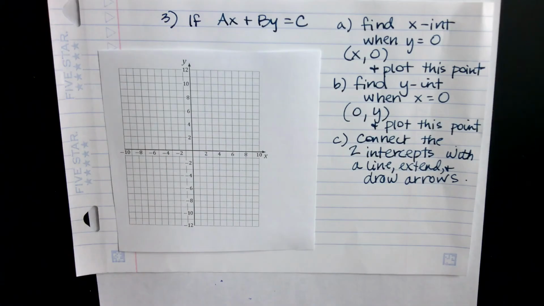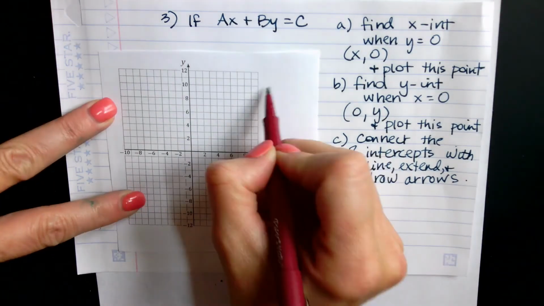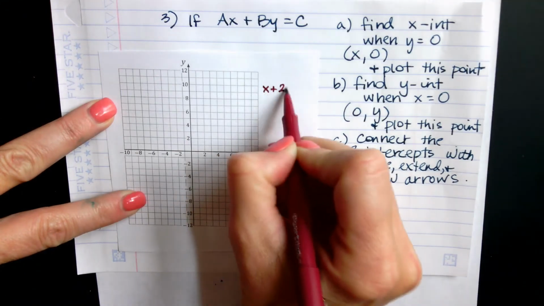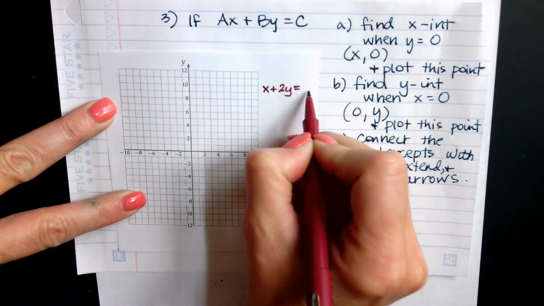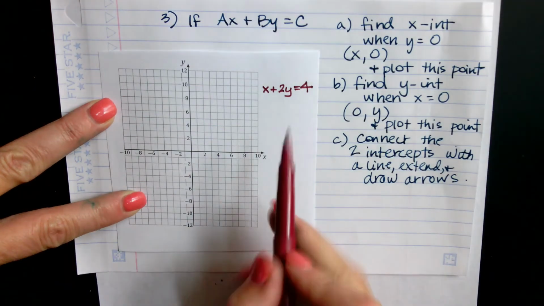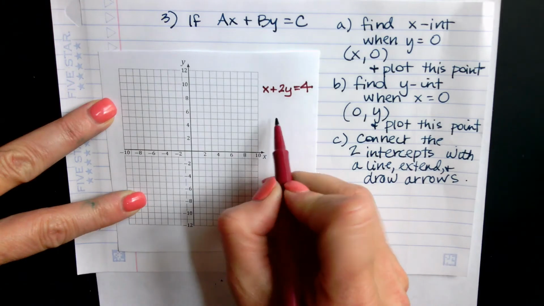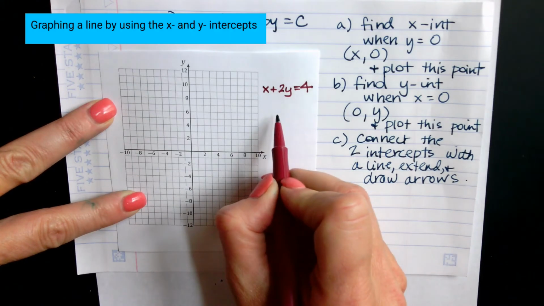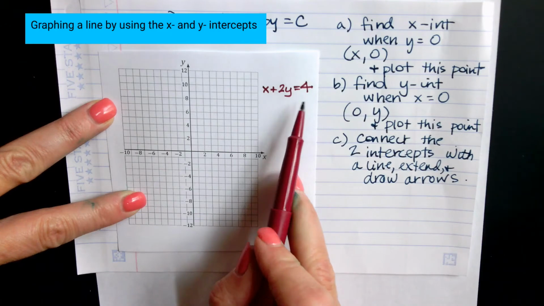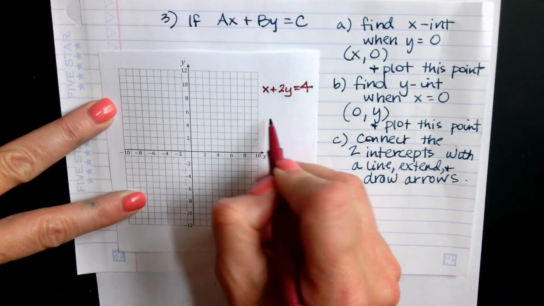There is another strategy you can use if your equation is written in standard form. I'm going to use the same equation that we started with. What you can do is find the intercepts kind of easily when an equation is written in standard form.